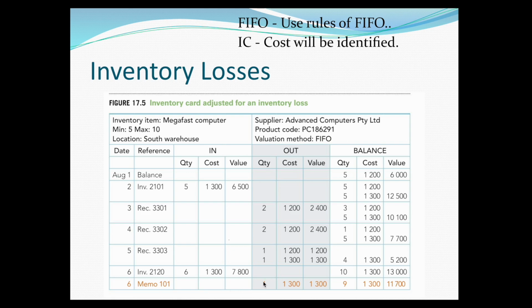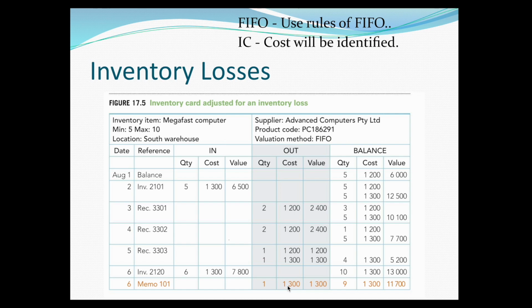And of course, it's only one piece of inventory that's lost. So you record the quantity being one, and then the cost. How much does the computer cost per unit? Since it's 1,300 and the quantity is one, the total price value is 1,300.